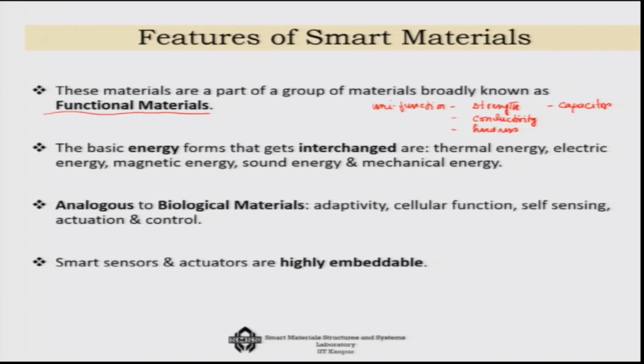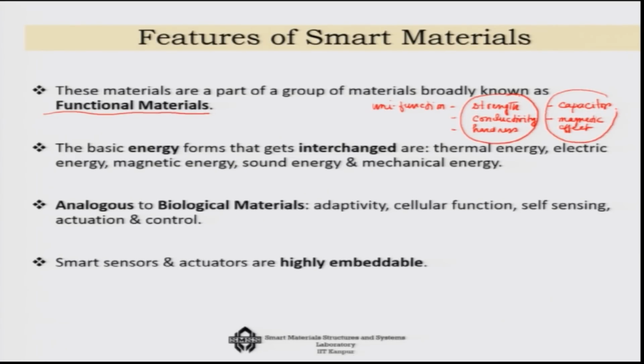We can also search for materials which give us a certain magnetic effect or electromagnetism, etc.